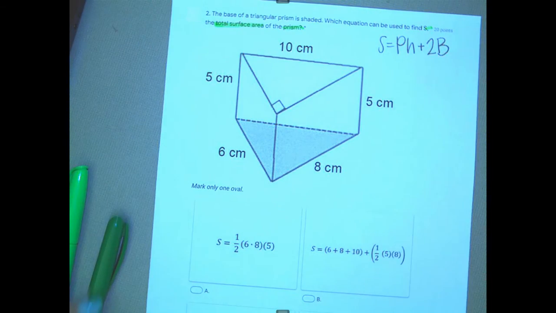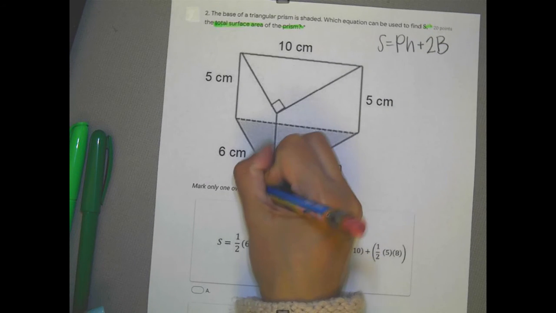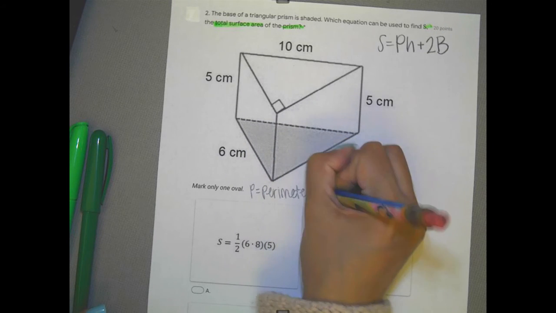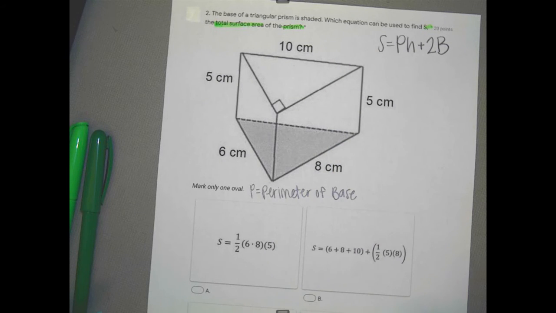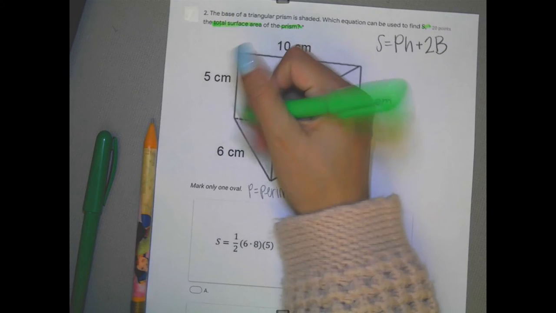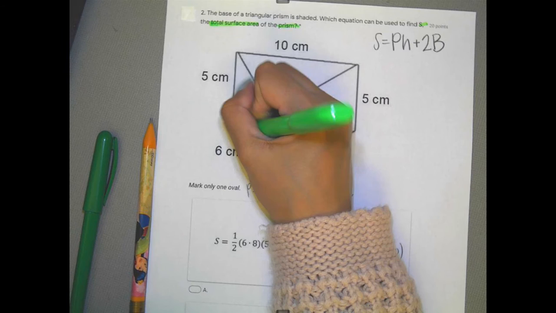All right. Now, we need to remember that our P stands for perimeter of the base, okay? It tells me that the base is shaded, and I know that perimeter is when I add up all the sides.